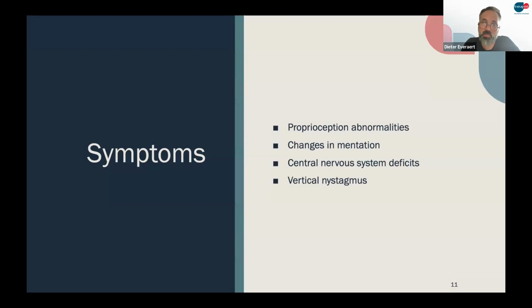Combined with changes in mentation, you can make the difference between central and peripheral disease. There can also be other central nervous system deficits with the cranial nerves, and typical vertical nystagmus. Horizontal nystagmus is quite often typical for peripheral vestibular disease. Vertical nystagmus is more common in central vestibular disease.